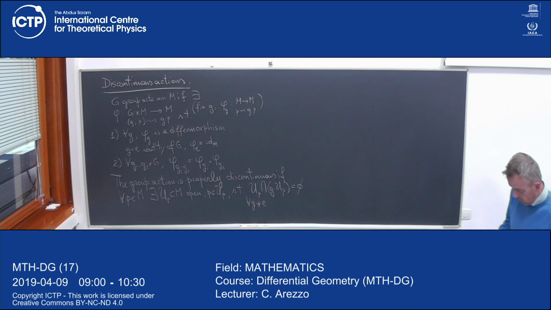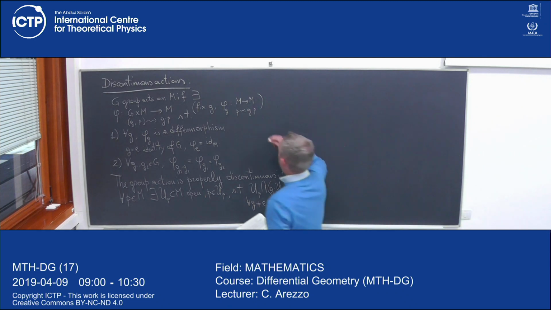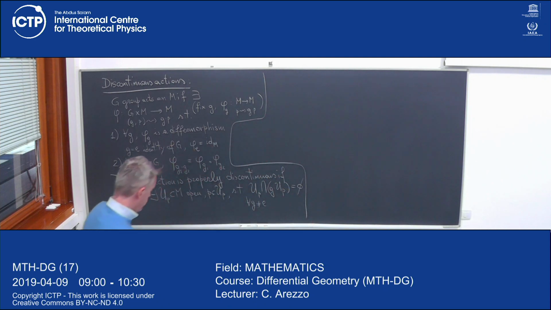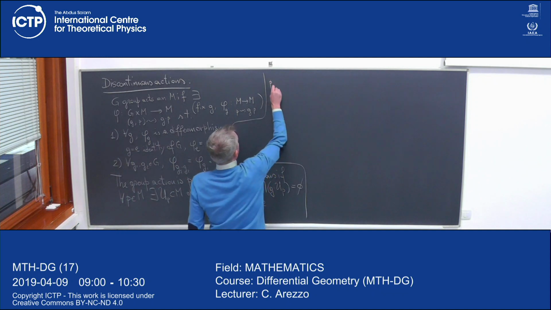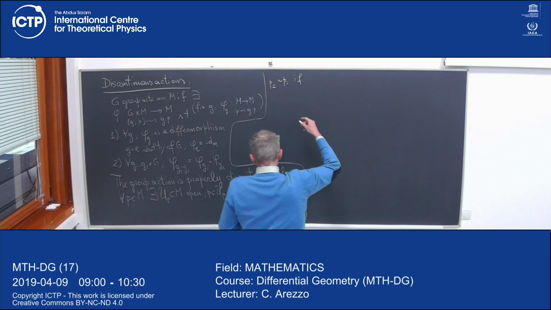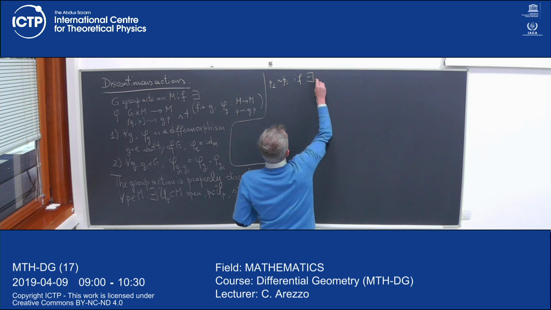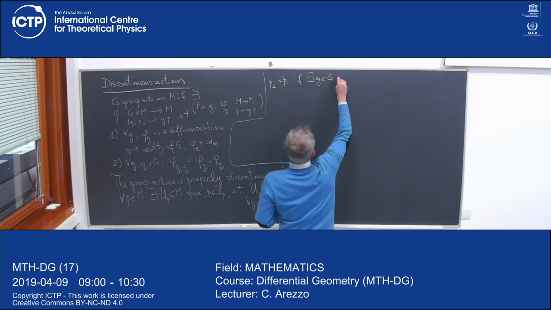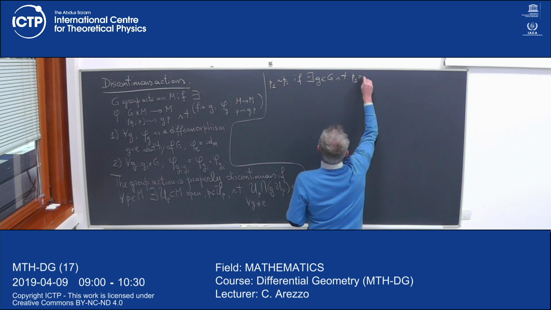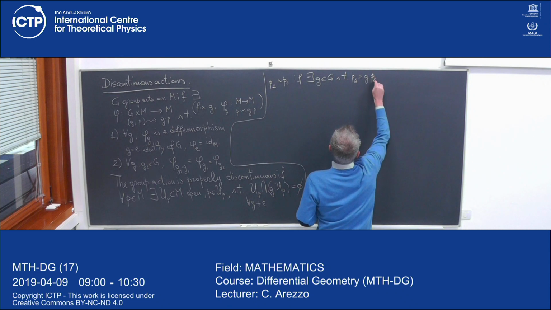So of course, a group action induces an equivalence relationship. So of course, we say that P1 is equivalent to P2 if there exists an element of the group such that P1 is equal to GP2.